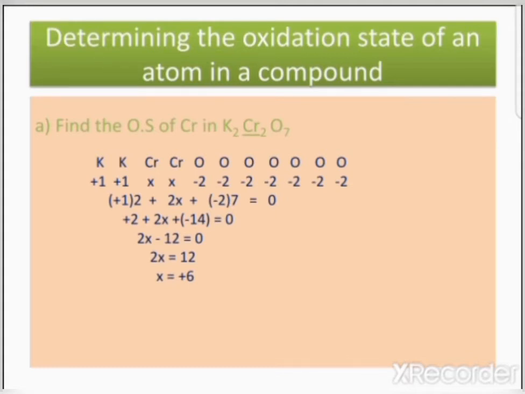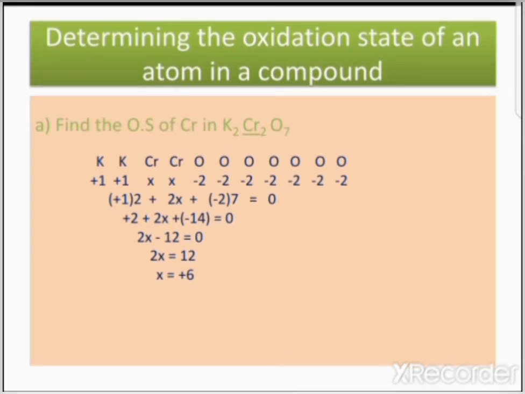Suppose oxidation for chromium is X. Since there are 2 chromium atoms, therefore overall oxidation state for chromium is 2X. There are 7 oxygen atoms, therefore overall oxidation state for oxygen is -2 into 7, that is -14.